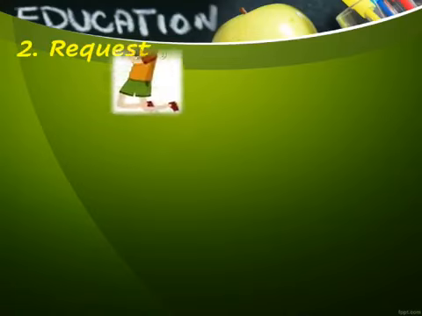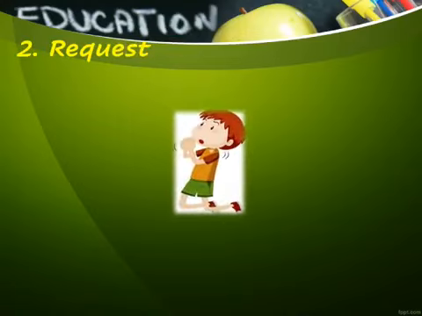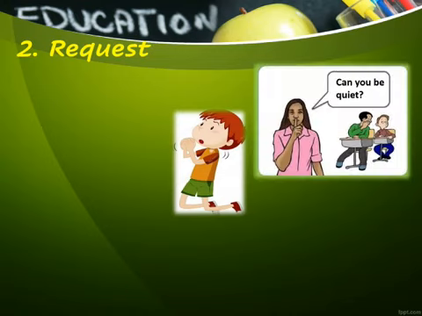Let us see now how we make requests using modal verbs. First, requesting means asking another person, a friend, a parent, a teacher, to do something for you. For example, when the teacher asks students, "Can you be quiet?"